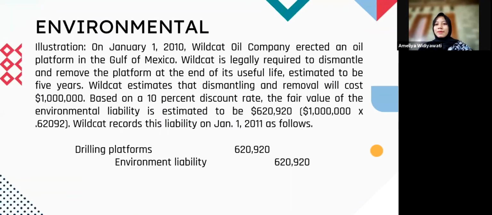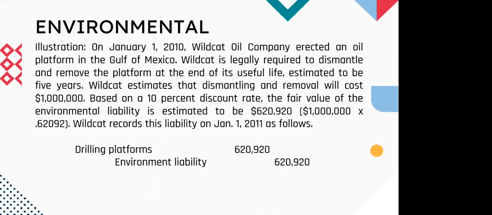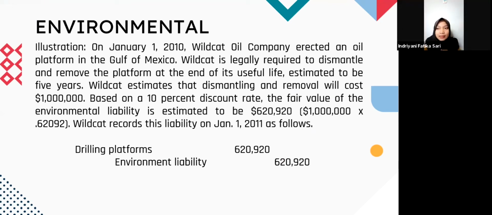Okay, next, environmental provisions. A company must recognize an environmental liability when it has an existing legal obligation associated with the retirement of a long-lived asset and when it can reasonably estimate the amount of the liability. Obligation event.